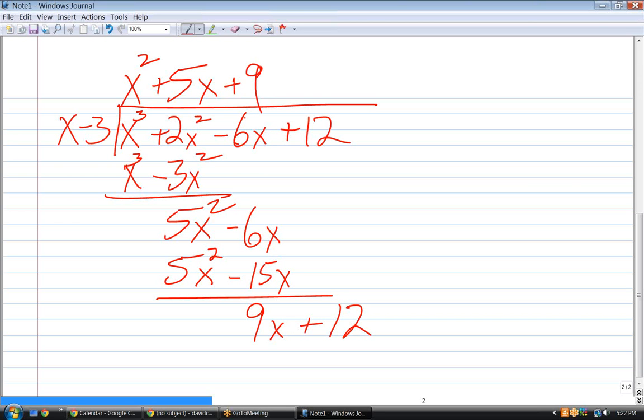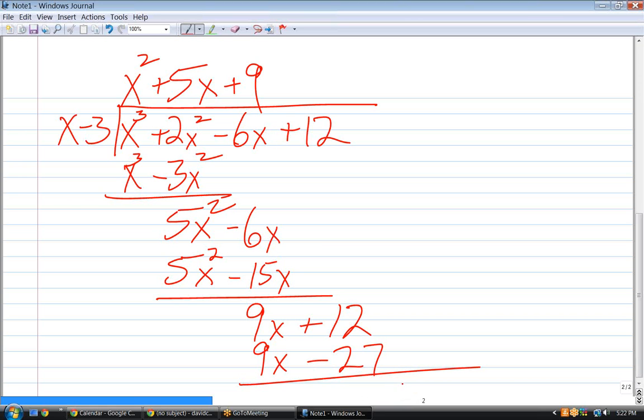Now multiply. That'd be 9x minus 27. Subtract.